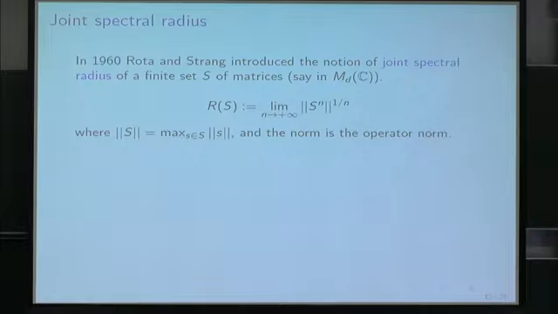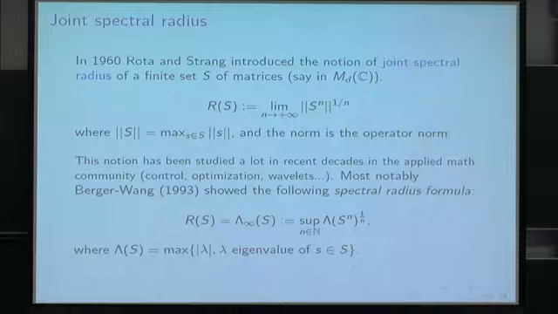So let's say in the ring of matrices, you take an operator norm on the ring, and you consider this quantity, which is the asymptotic rate of growth of the powers S^n, of all products. The norm of S here is the maximum operator norm of an element in S.